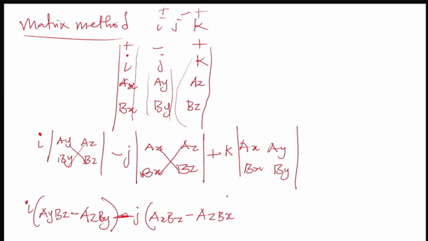Are we together? So now what's the next thing? The next thing is to go over to your K component here. So you have plus K. Now applying that concept for your K here, you simply have this multiplying this. So you have AX BY minus AY BX.